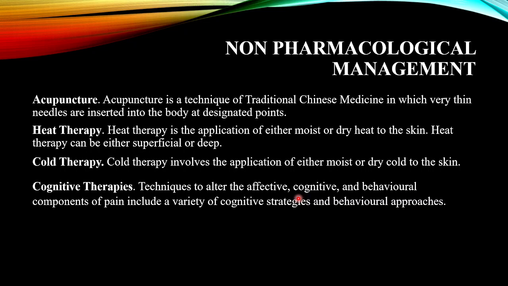Heat therapy and cold therapy also close the gate by activating the inhibitory descending neuron and activating the A beta fibers, which stimulate the interneuron and close the action of substance P and close the gate and close the transmission of nociceptive nerve stimulation from the injured tissue to the central nervous system.